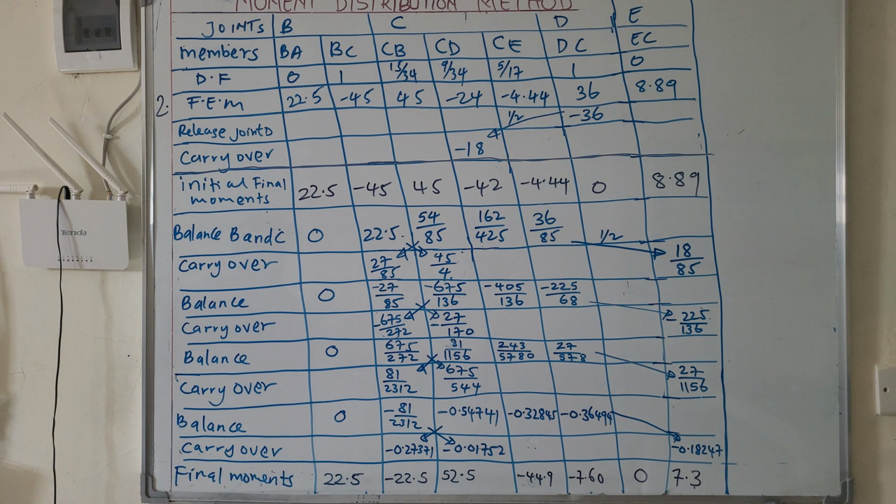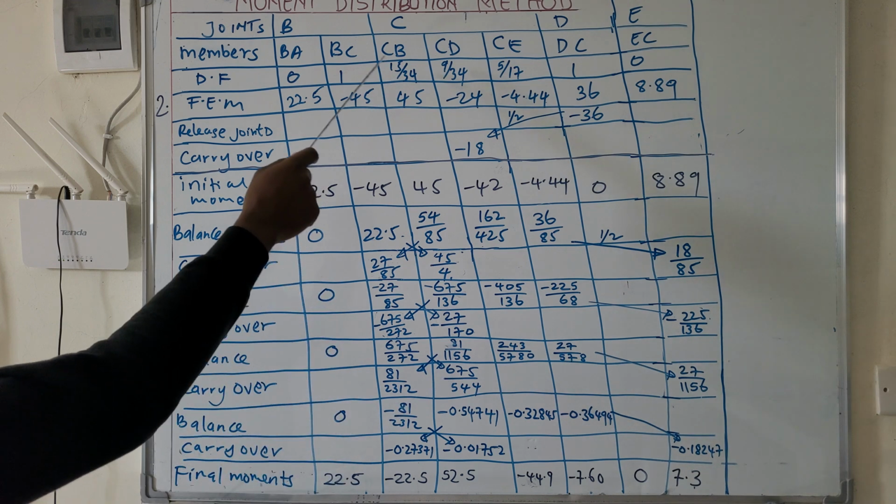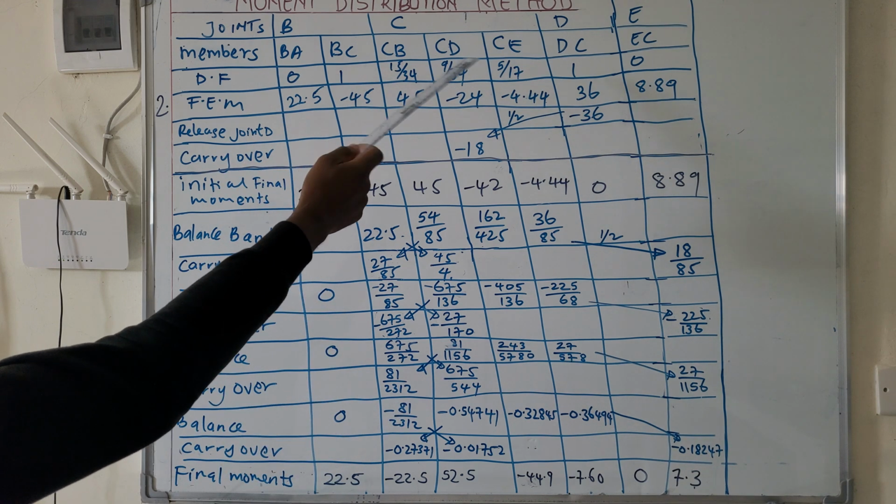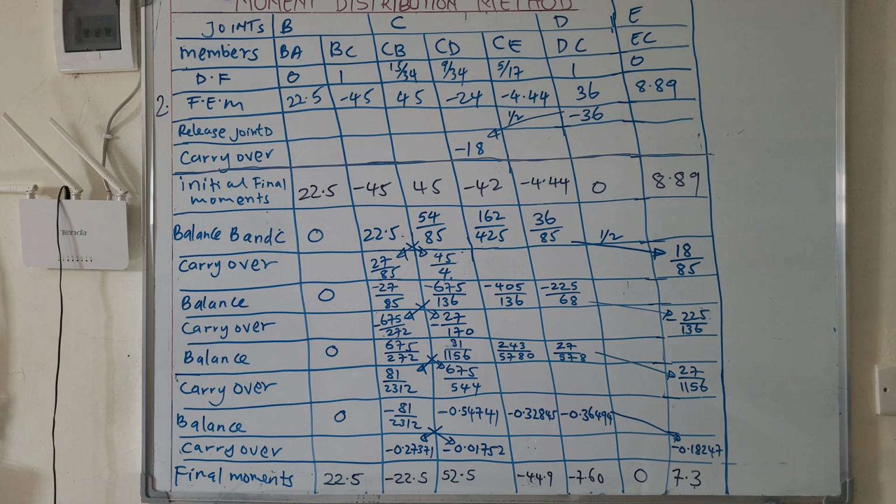So like that. Again, you come to this one. Take the opposite sign of this value and multiply it with the distribution factors of each member. For example, negative 675 over 554 times 15 over 34, you will get this value.